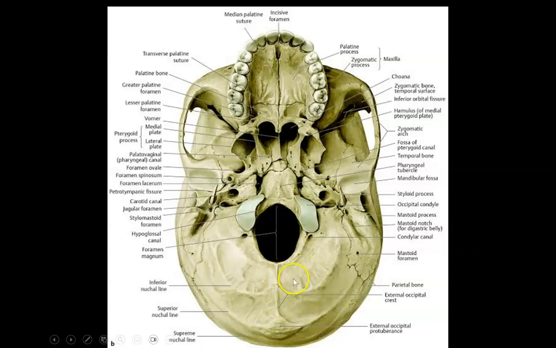So don't panic. If you see the base from below, you already know enough about the base that you can identify the structures.